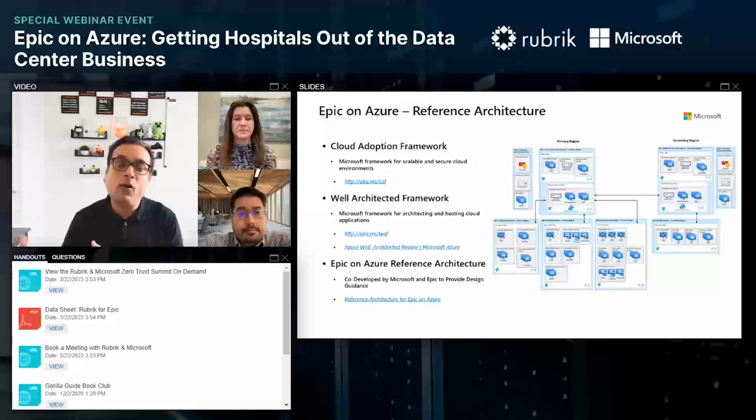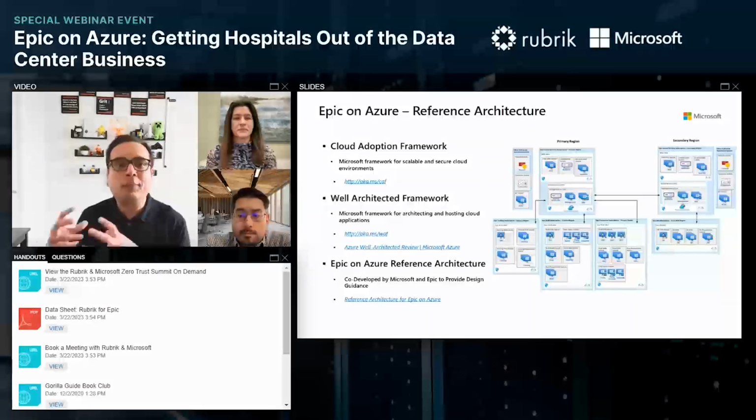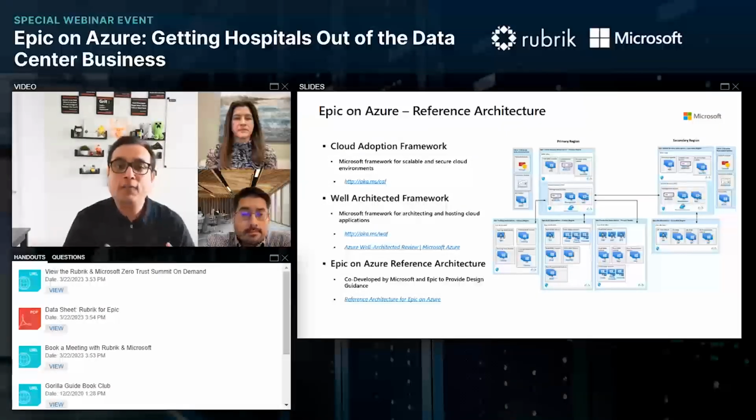Next, third part is: okay, so now I've got my infrastructure foundation set up in Azure, but what about Epic-specific best practice and guidance? For that, Microsoft and Epic have jointly created the Epic on Azure reference architecture.